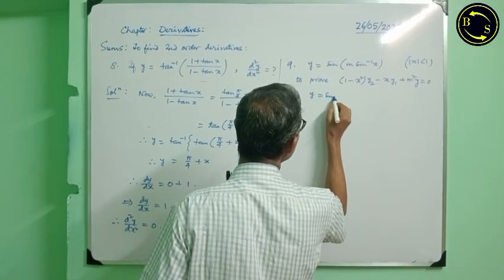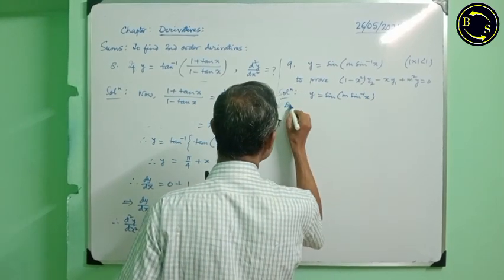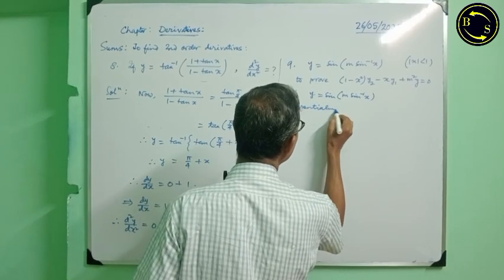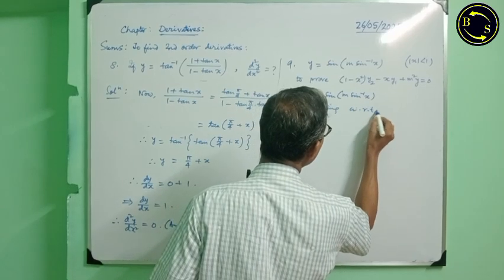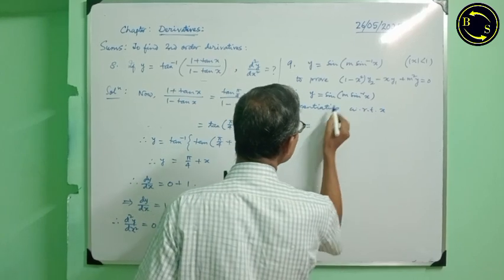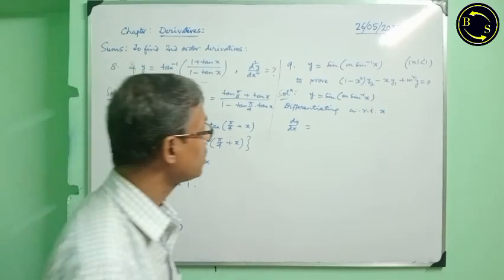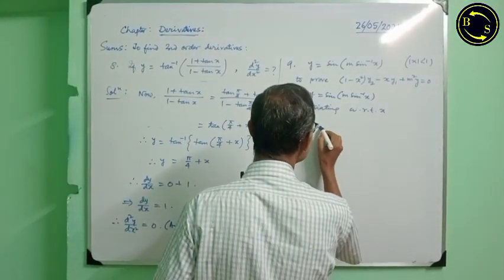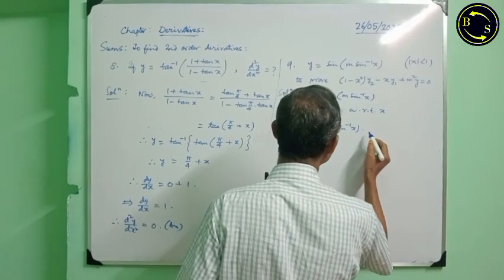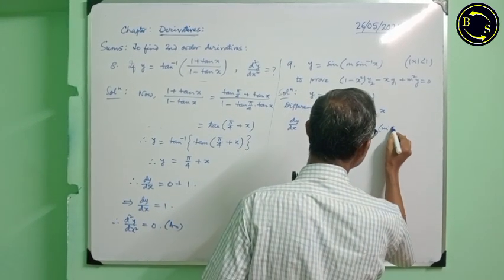y equal to sin(m sin inverse x). Differentiating with respect to x, the left side is dy/dx. On the right side, sin of u, where u equals m sin inverse x, the derivative will be cos of the same angle, times the derivative of m sin inverse x.